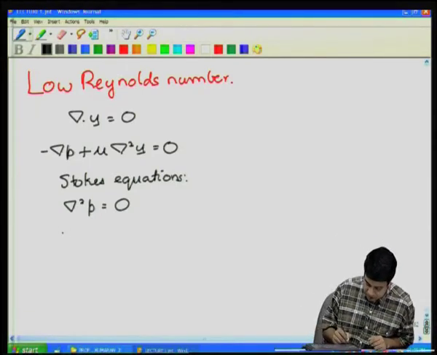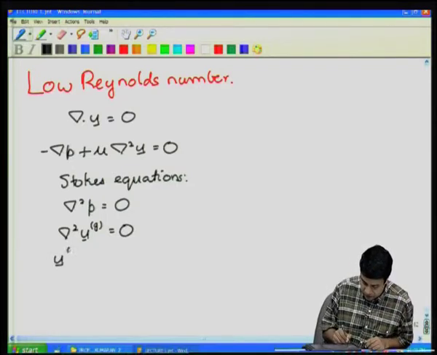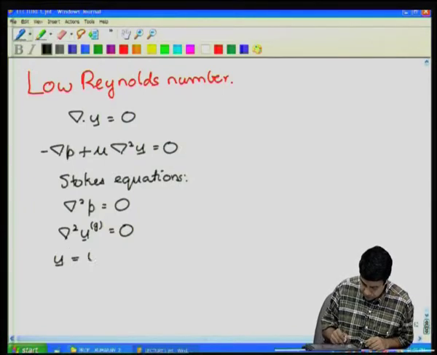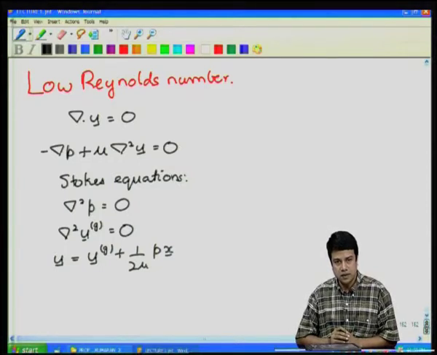And the second equation was for the general part of the velocity field. And the total velocity field consists of the general solution, u general plus 1 over 2 mu p times x vector, where x vector is the position vector and p is a scalar.